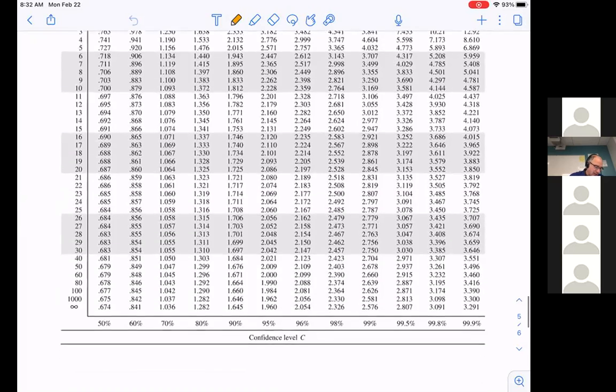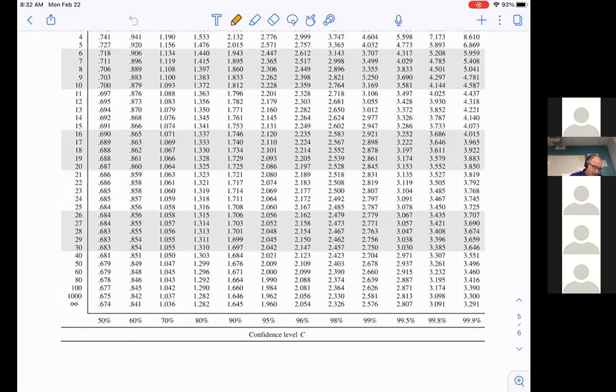So real fast, just to come down here. On our last problem, we wanted to be 95% confident, which is going to be right here. If we look at this, my sample size is infinite, and I come over here to 1.96. Remember, the critical value that we use for a 95% confidence interval is 1.96.